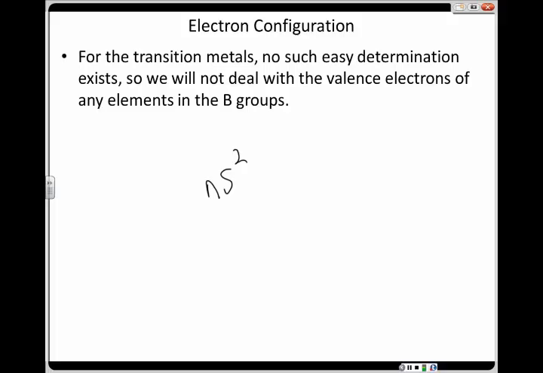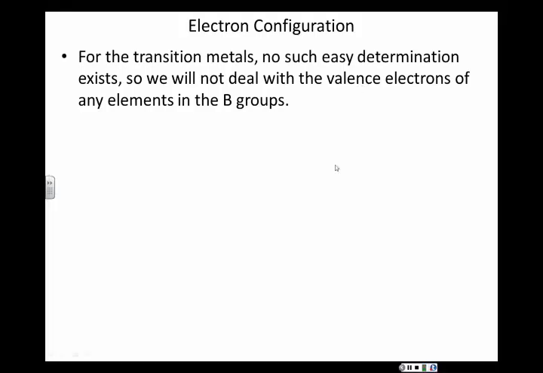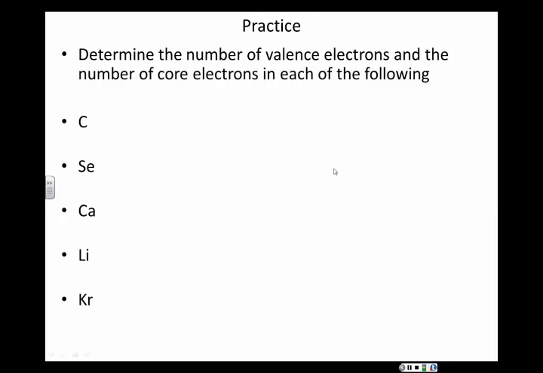A transition metal has its electron configuration stop somewhere in the d block, so it's always going to be (n-1)d something, but the number of valence electrons will always be 2. So it's not that useful. For transition metals, we deal with something else, and I'm not going to go into that. It's not really important for what we need to do. So I'm not going to ask you the number of valence electrons of a transition metal, only a representative element, something in the A groups.